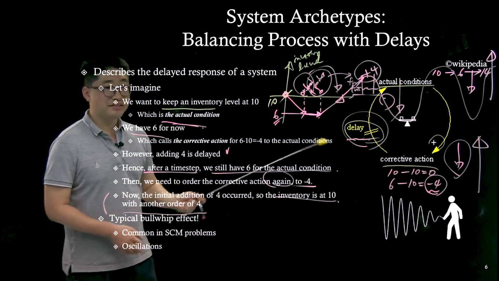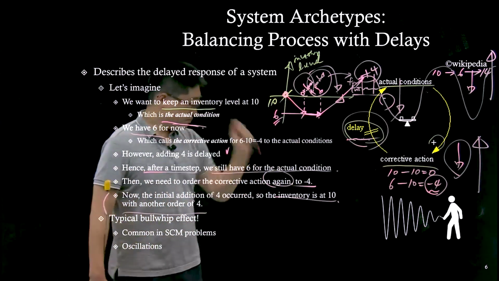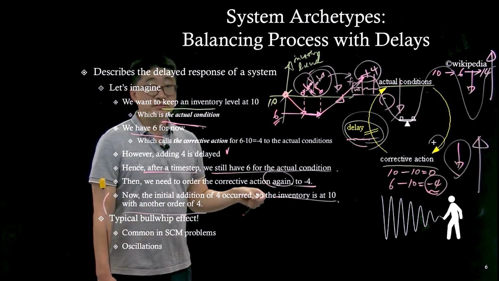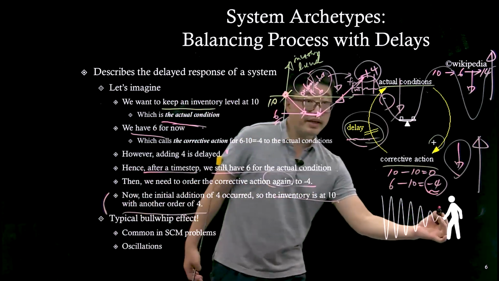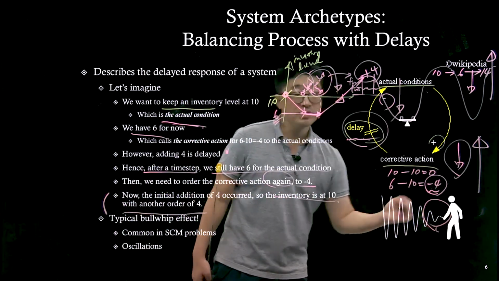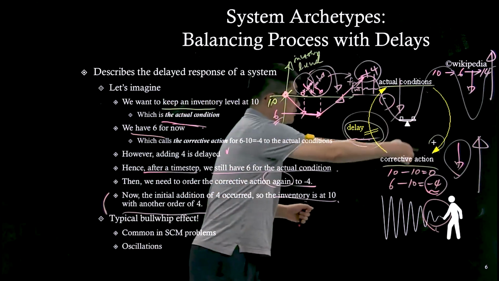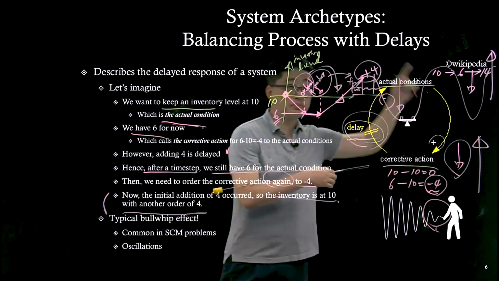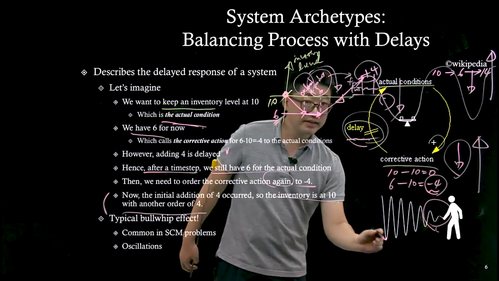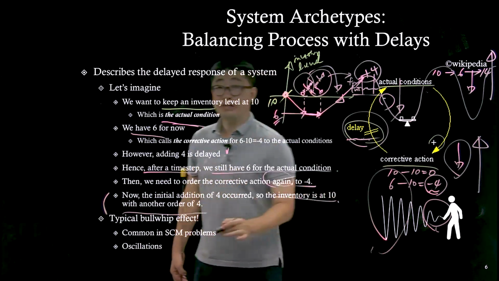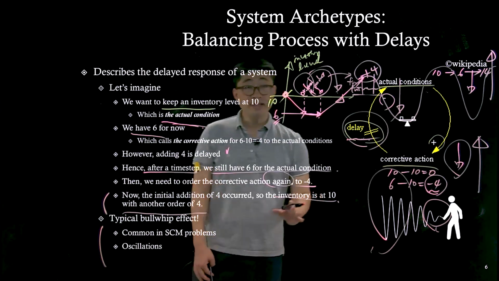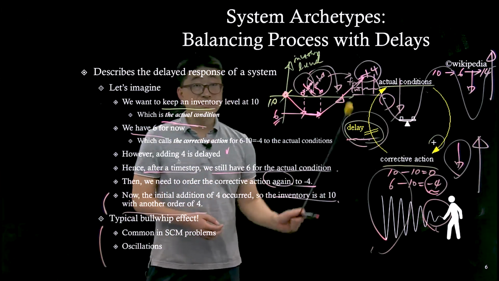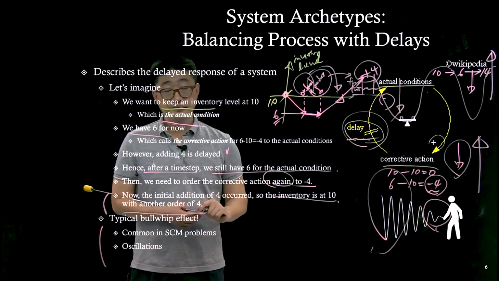So if we make a fluctuation in the bullwhip, our initial fluctuation will be small. However, at the end of the day, it's going to create large fluctuations like this. That is called the bullwhip effect. And that is modeled by this system archetype.